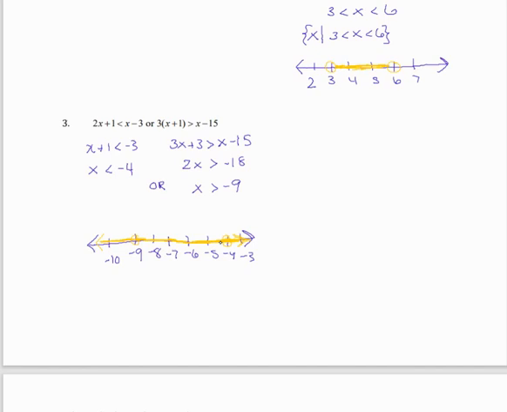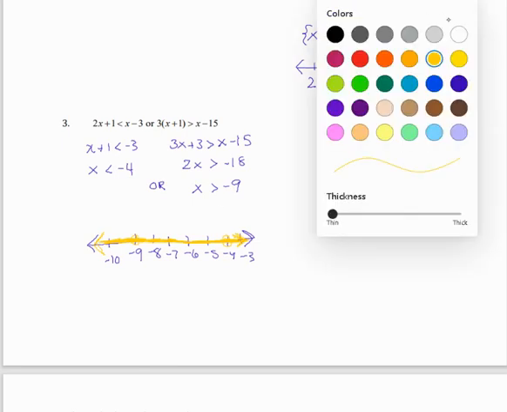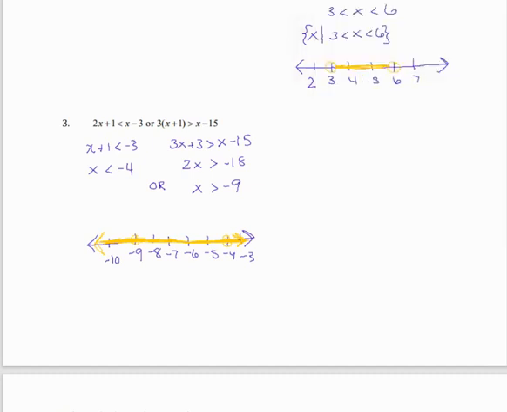So what I really have here is the entire number line. No open circles, and everything on my number line is plotted. If everything on my number line is plotted, what that means as my solution is what? It means that all real numbers work.